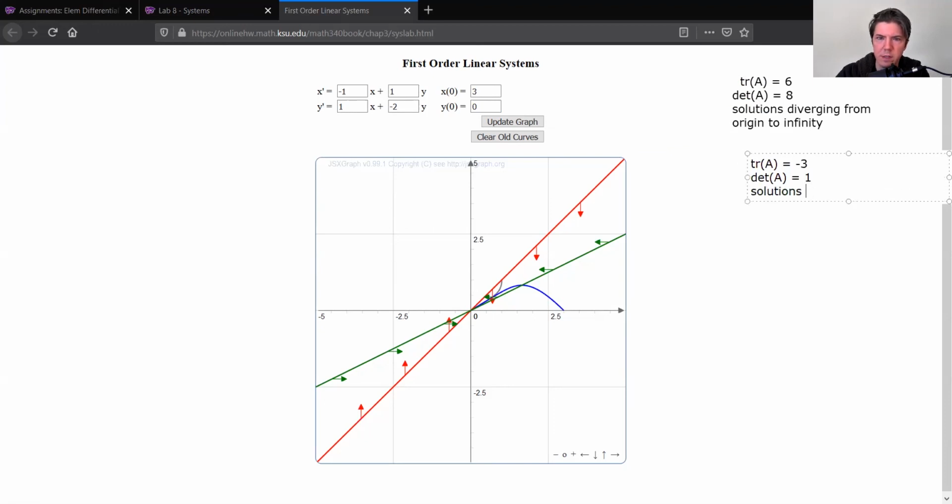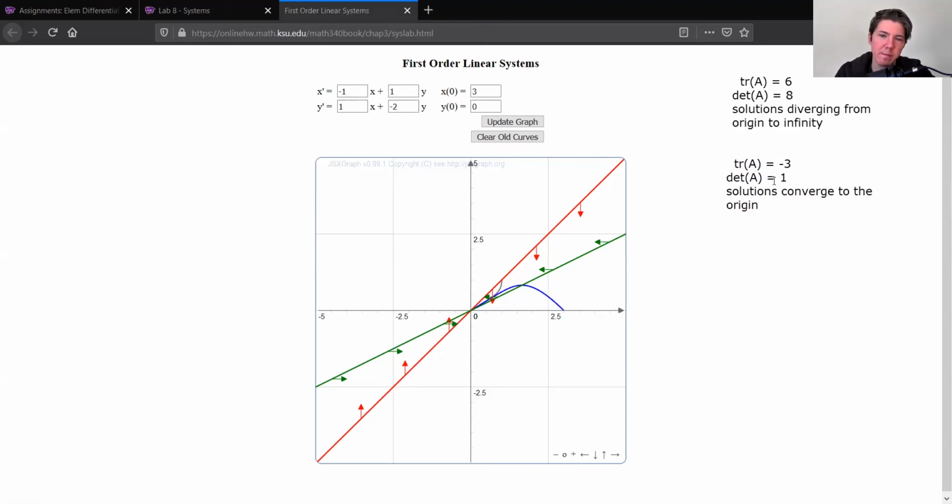And that's where the solutions converge to the origin. And if it's not appearing on your screen, it should be now.